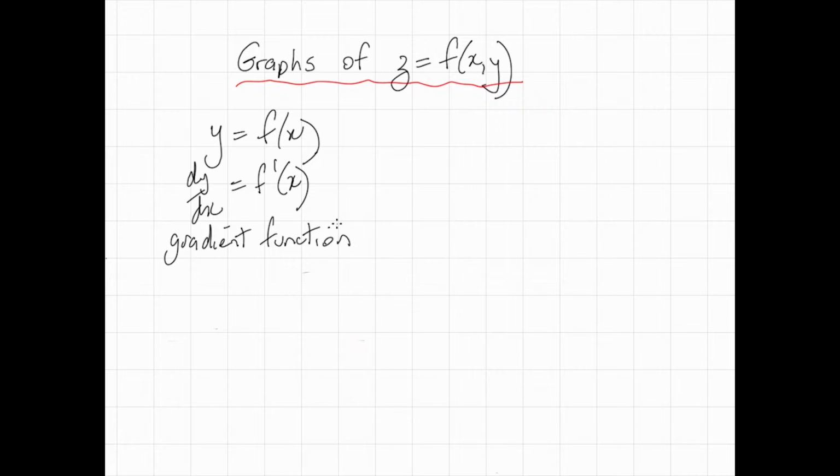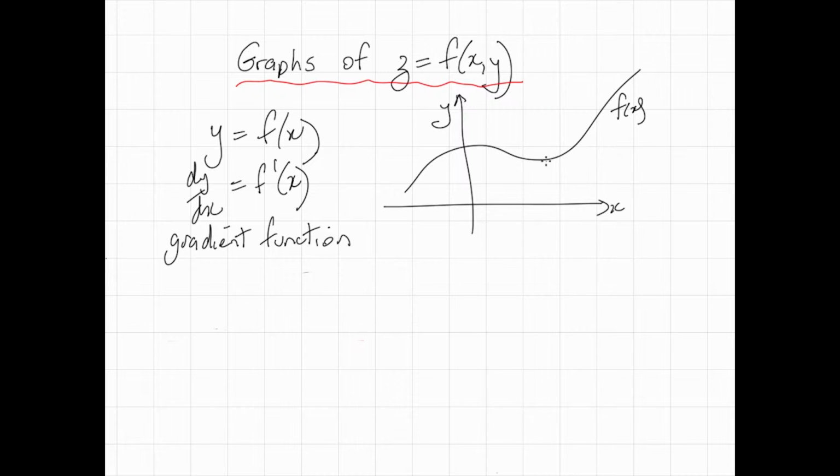So if we were to think of it graph-wise, there's my function of x, my x and y, and if I was interested in the gradient when x is equal to a, I simply substitute into f'(x), so f'(a) is the gradient of f(x) at x equals a.